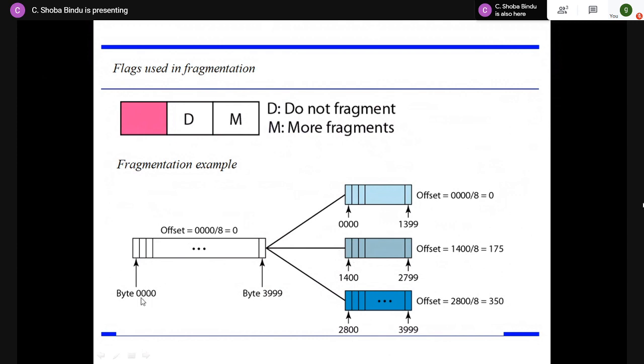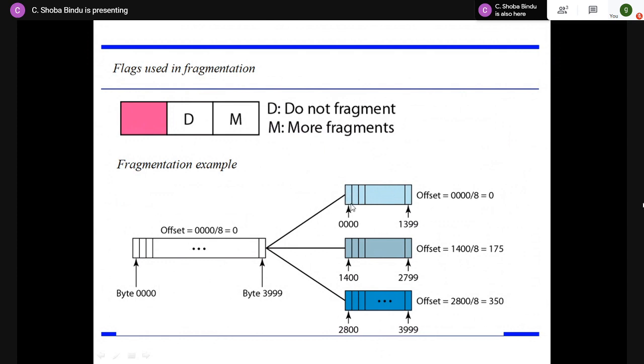So here you can see these 4000 bytes are divided into 3 fragments. The 1400 bytes form the first fragment, carrying bytes 0 to 1399.